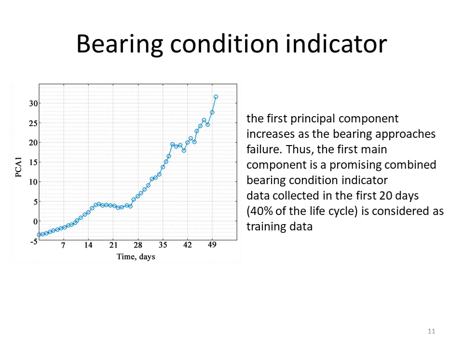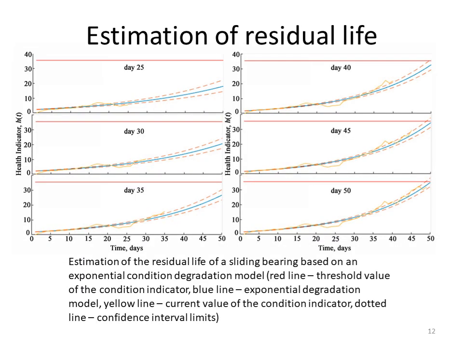Data collected in the first 20 days, 40% of the life cycle, are considered as the training data. We use the exponential degradation model algorithm implemented in the MATLAB computer mathematical system to model the exponential degradation process and estimate the remaining useful life (RUL) of the bearing.